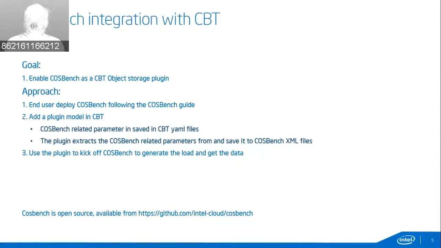So CBT only needs to give a binary link to Cosbench, and in that way, Cosbench can be run by CBT. Cosbench will be deployed by the end user separately.